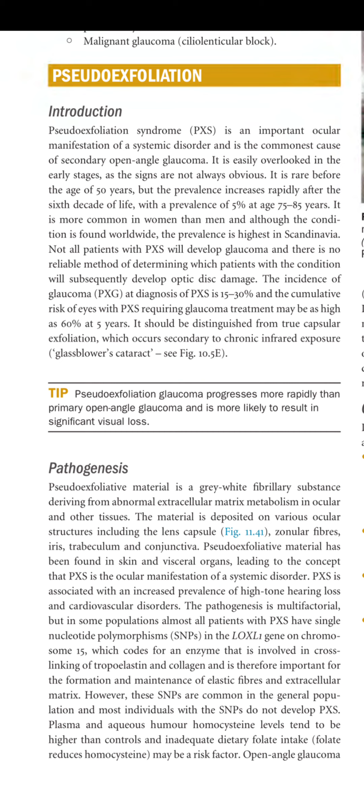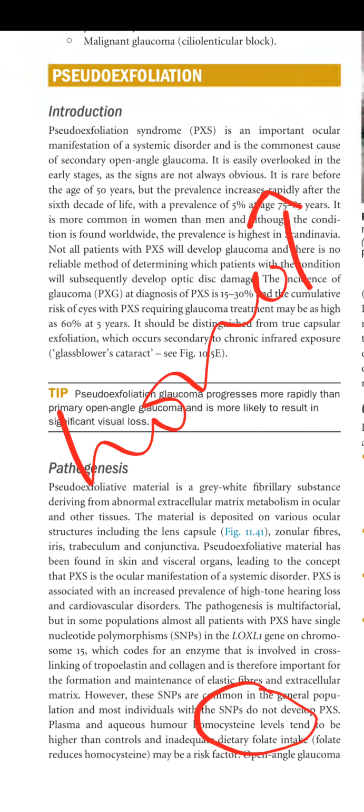Plasma and aqueous humor homocysteine levels tend to be higher than in controls, with an inadequate dietary folate intake. Folate reduces homocysteine, so it may be a risk factor. So basically the homocysteine level can also be increased in these cases, and inadequate dietary folate intake can also be a risk factor.